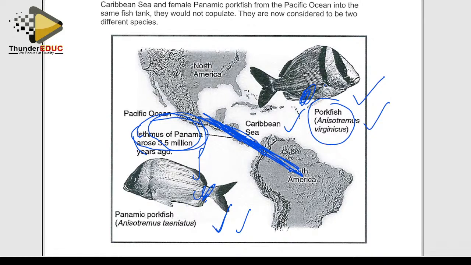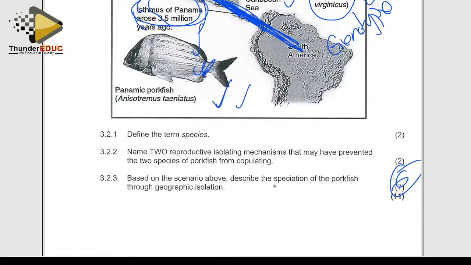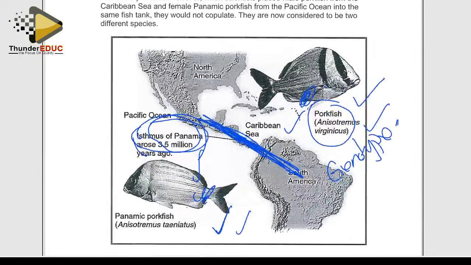And then what happened after that? Since natural selection occurs independently due to the different environmental conditions, they became genotypically and phenotypically different. If you remove the barrier and make them mix again, they cannot interbreed to produce fertile offspring. They said it here.